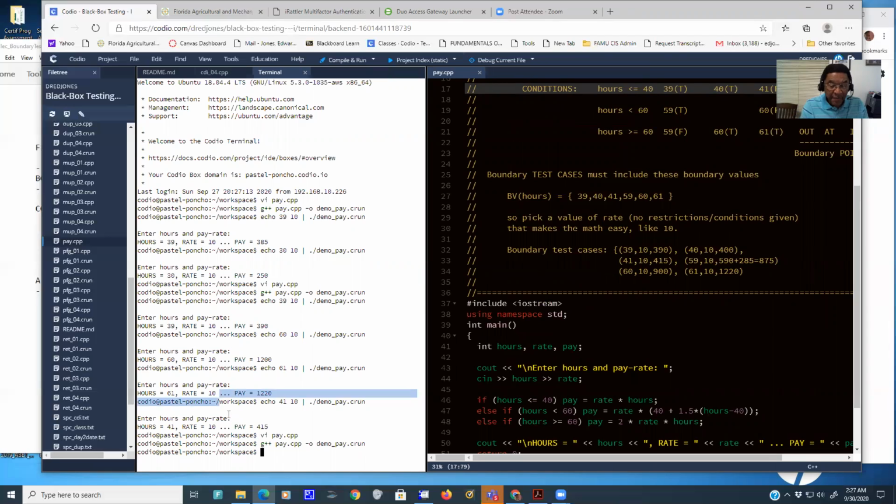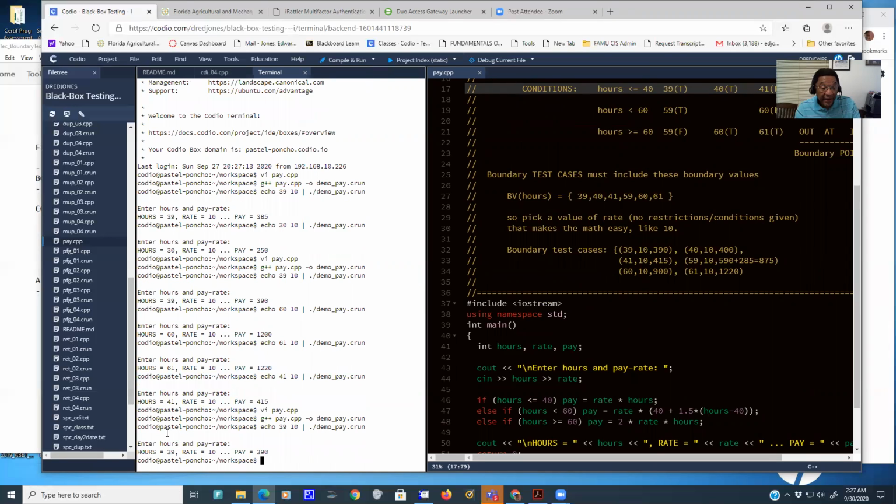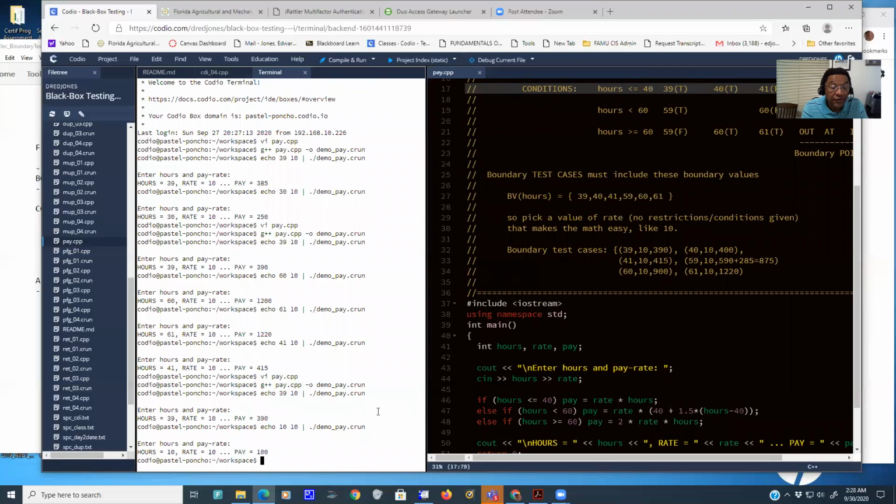I want to use 39 and 10, and pipe it into demo pay C run. So we see the test case. We expected to see 390. We got 390. Let's do another one. Let's feed it 40 and 10.